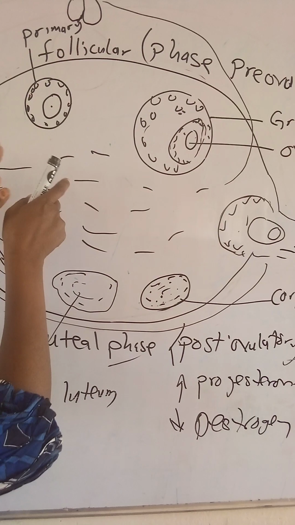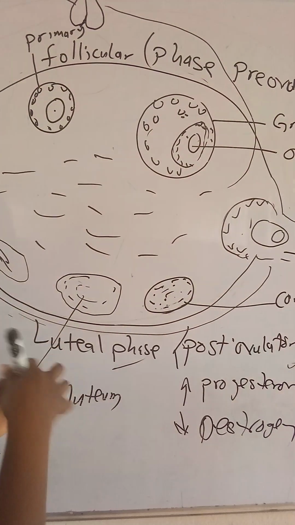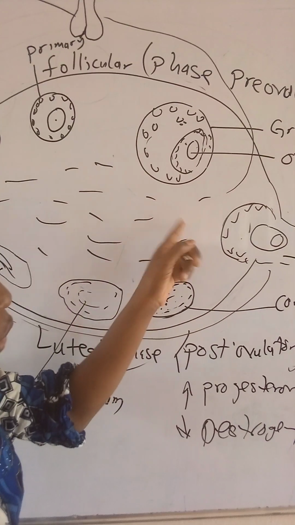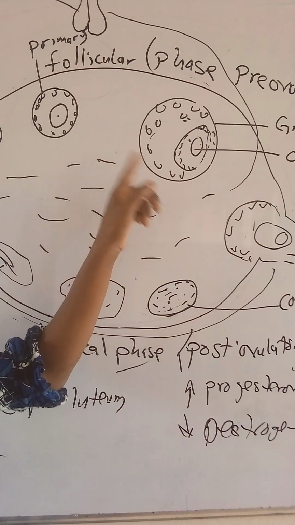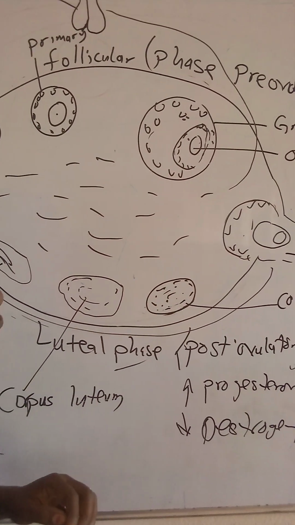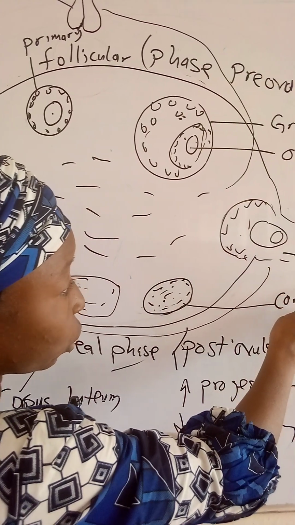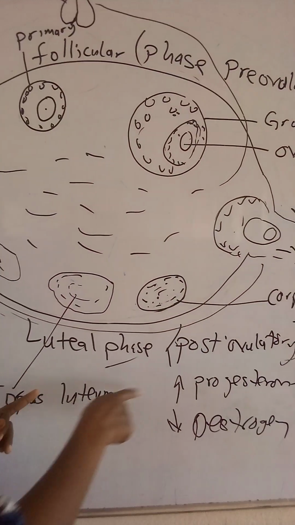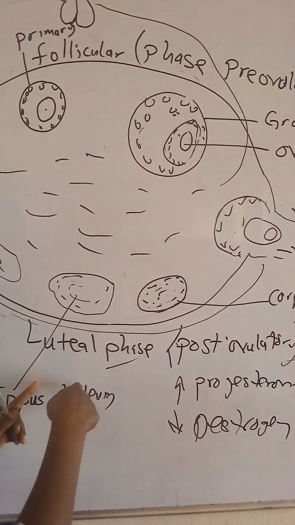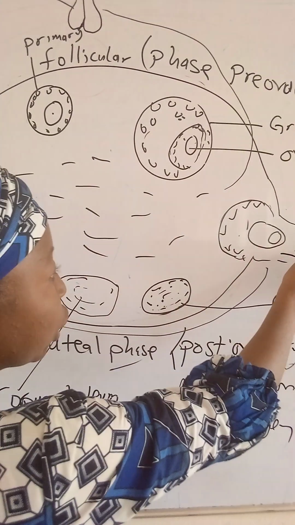So once the level of this follicle stimulating hormone has dropped, we know there is not going to be continual production of estrogen because the follicles will not continue to produce the estrogen. So that will now lead to the ovulation, and then we have the luteinizing hormone taking charge, and we have an increase in production of progesterone.